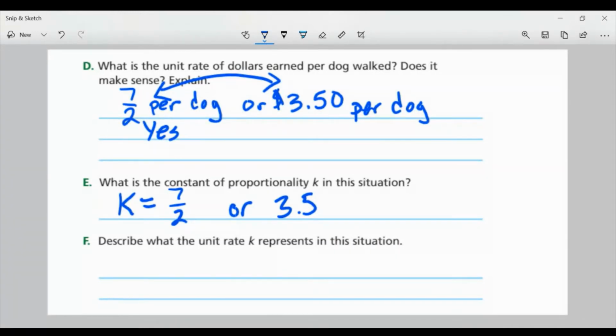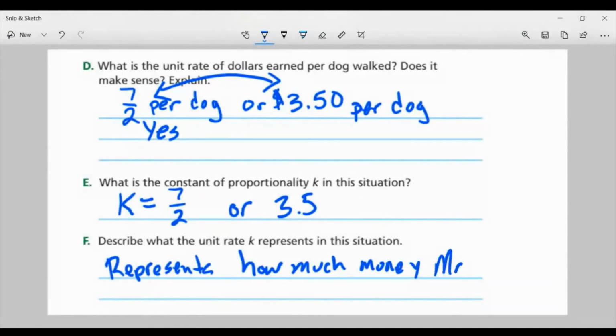So for part F, describe what the unit rate K represents in this situation. Well, it represents how much money Maxine makes or earns per dog walked, right?